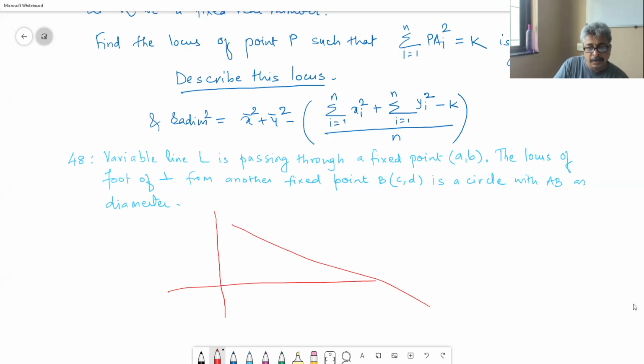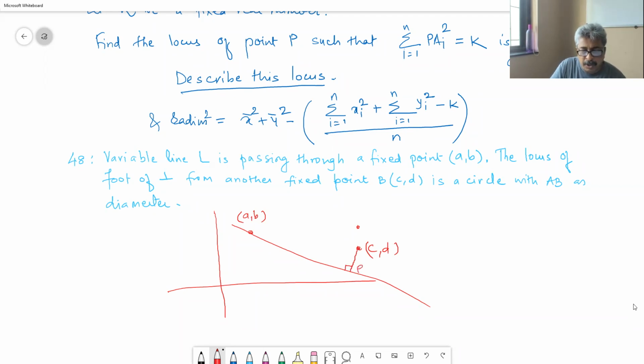This is your line. Suppose you have fixed point (A, B) here, and there is (C, D) somewhere here. From (C, D), you are supposed to drop a perpendicular on this line, and this is your point, the foot of perpendicular.